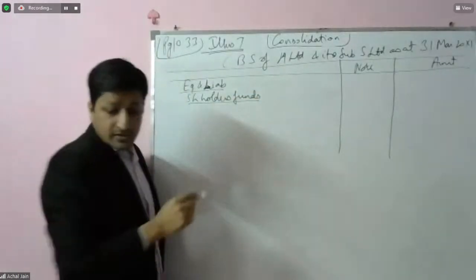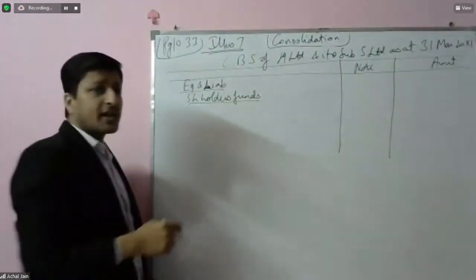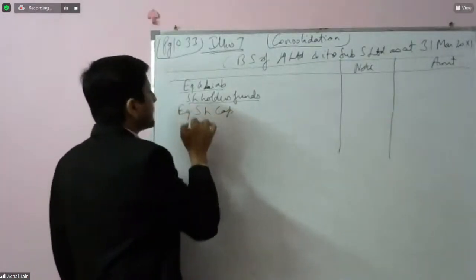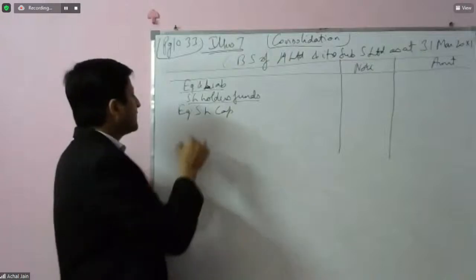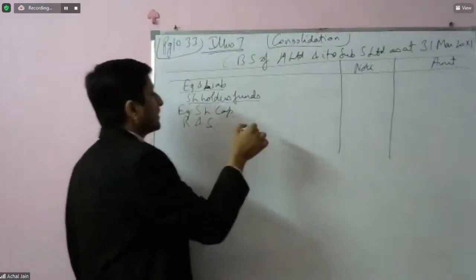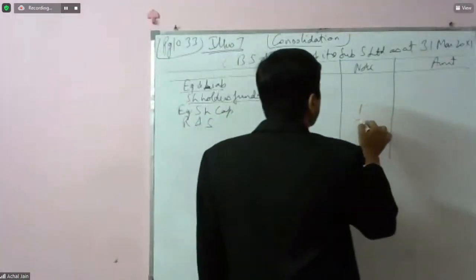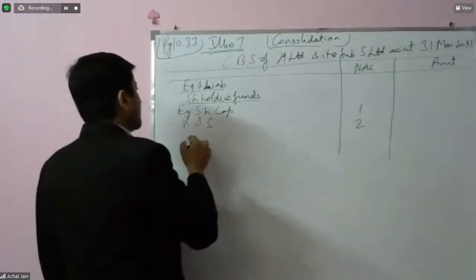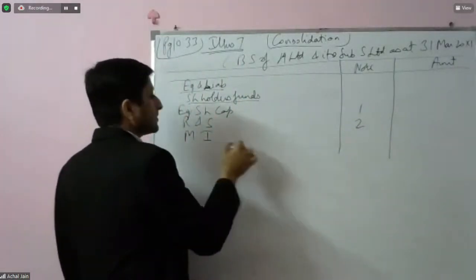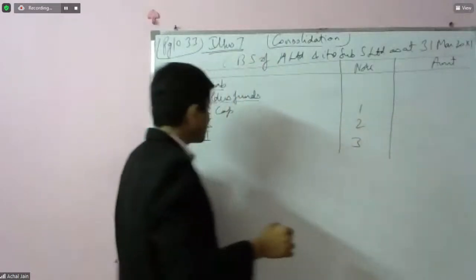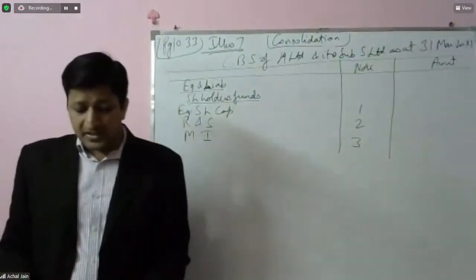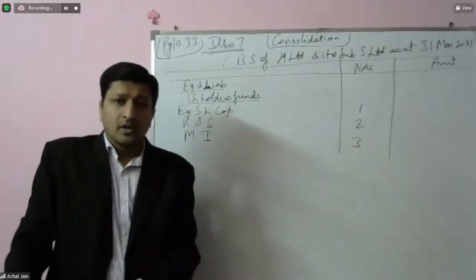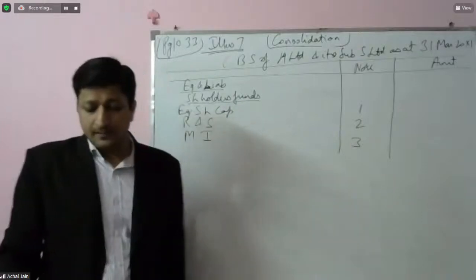And for the shareholders' funds, we will get share capital, means the equity share capital, and the reserves and surplus. So for this, we can get reference of that. Then we prepare minority interest. Note number 3. Now all of this information I am picking up from the balance sheet given in the question, and accordingly I am deciding the captions.